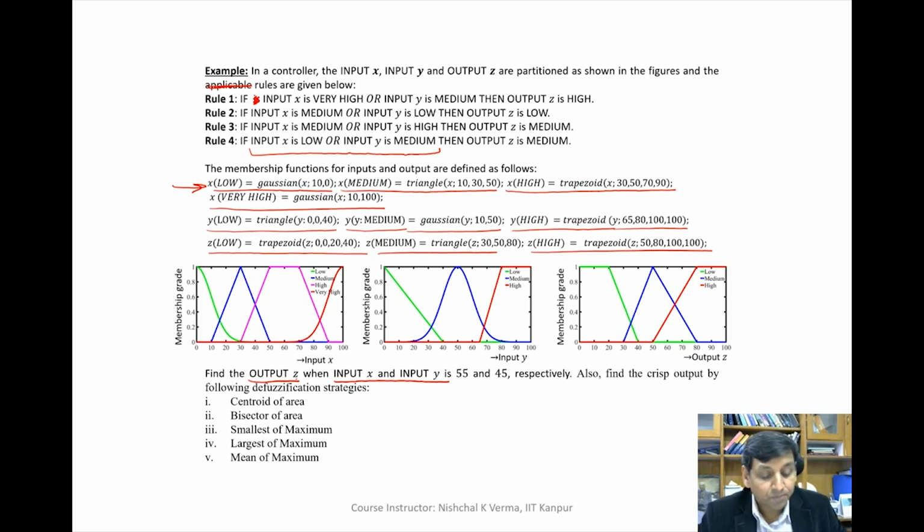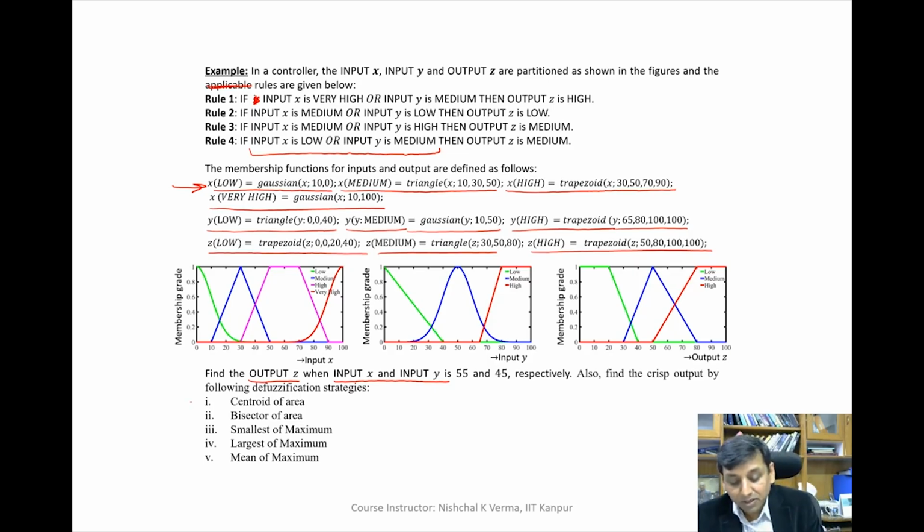Because this is a Mamdani fuzzy model, the output is going to be the fuzzy value finally after getting the aggregated value. Then this aggregated value will be converted into the crisp value through the defuzzification methods.